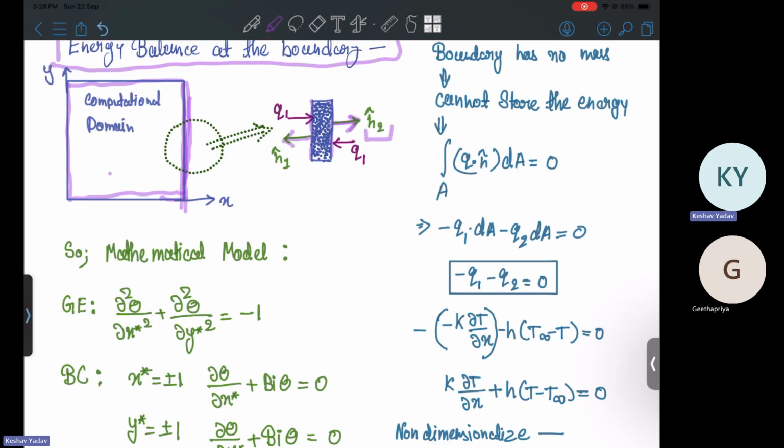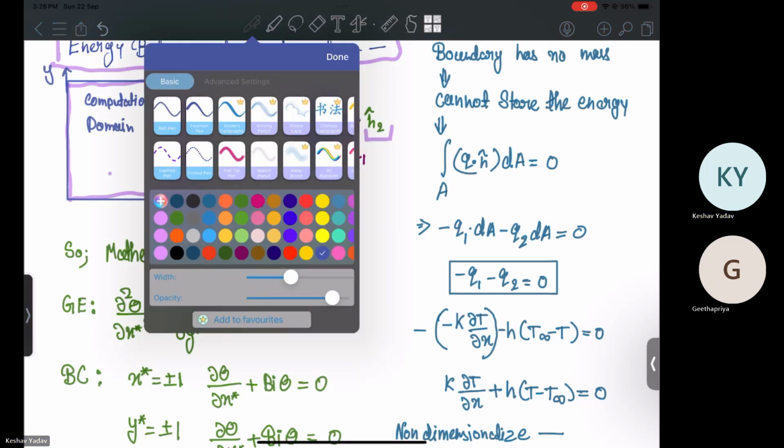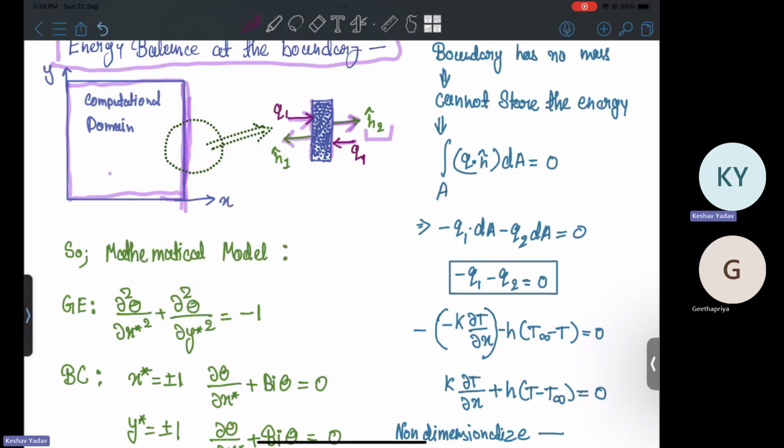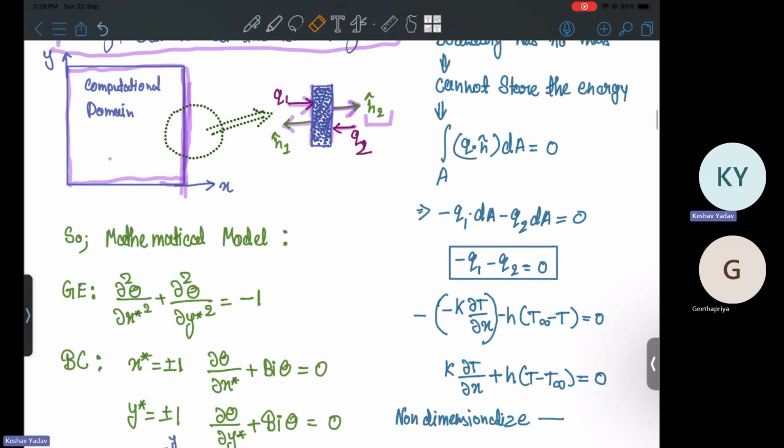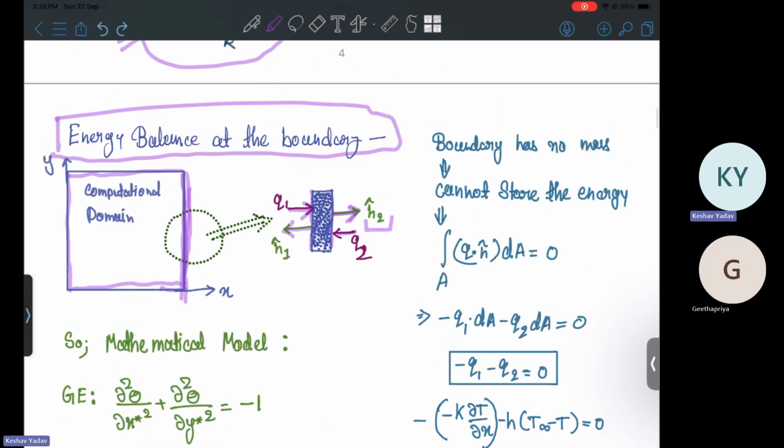I am assuming some q1 is coming in from this surface. Similarly, some q2 is coming from this surface. By doing the energy balance, we can find out the boundary condition.